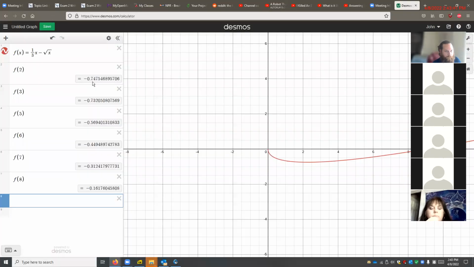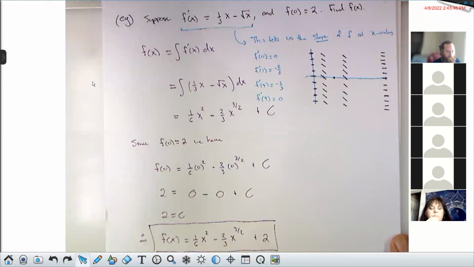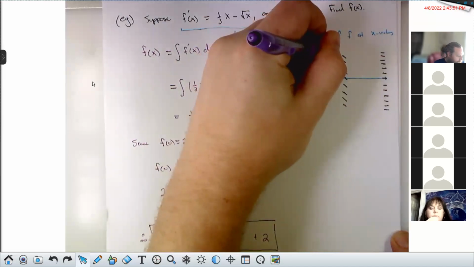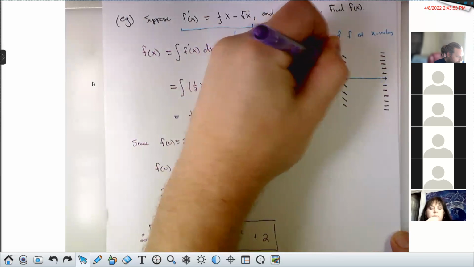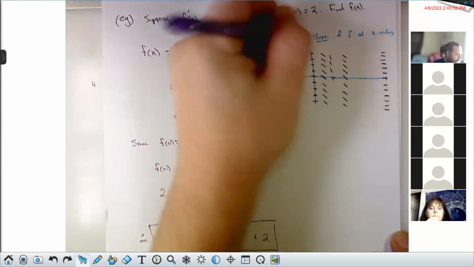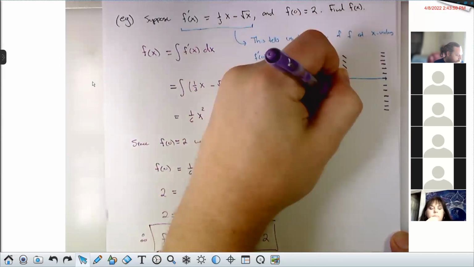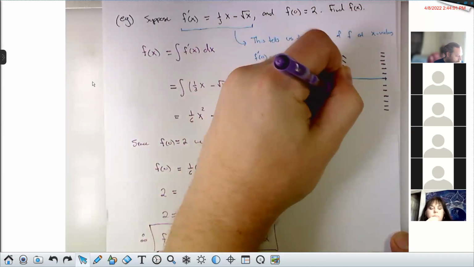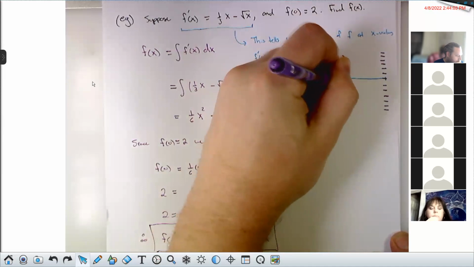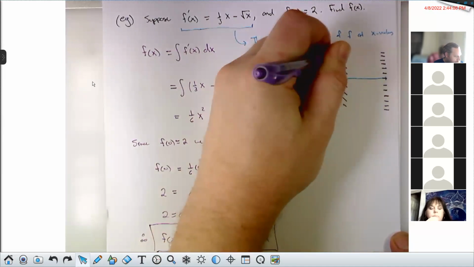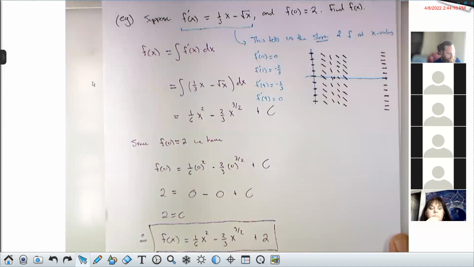Between 1 and 4, we've got 2 and 3. Looks like they're both pretty close there, but a little bit more steep on this side. And it's starting to come back.